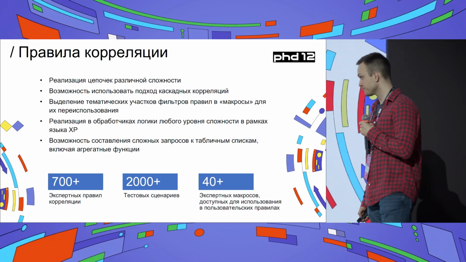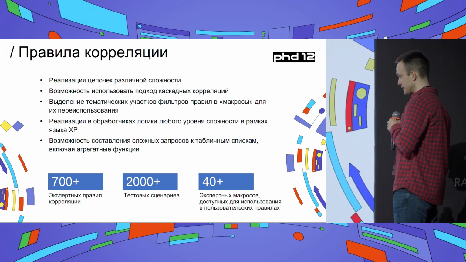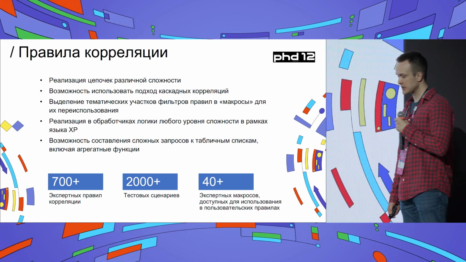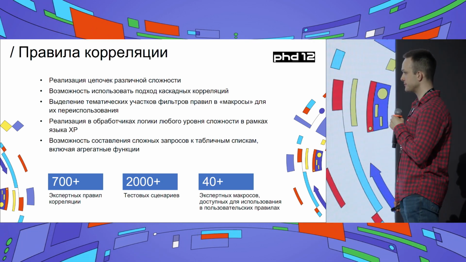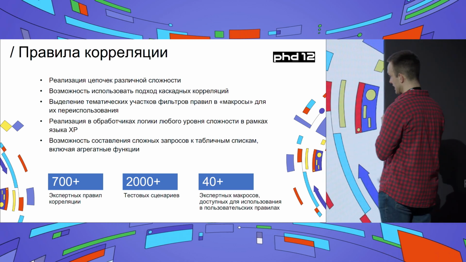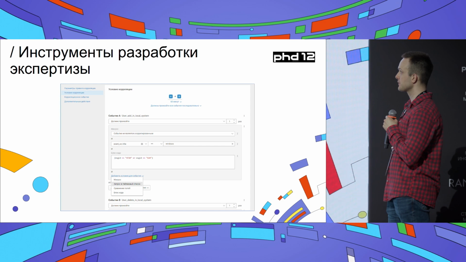And complex queries to table lists, including aggregate functions. Currently, we have more than 700 correlation rules, which are covered by more than 2,000 tests, and we have more than 40 macros to be reused.